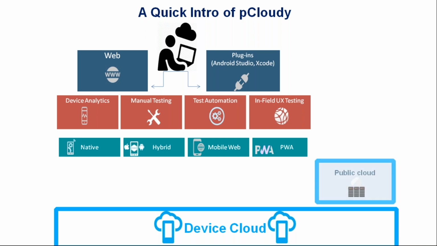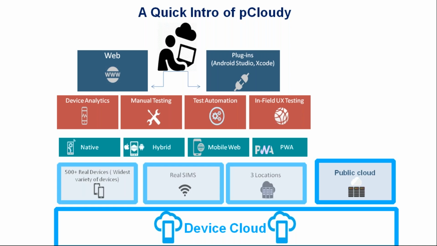Now, let's see the offerings which we have on this platform. We have three offerings. The first and foremost is the public cloud. This is basically the cloud where we have so many devices. The devices will be shared across different users, one at a time. The capabilities of the public cloud are that we have 500 plus real devices, with the widest variety of devices available on this cloud.